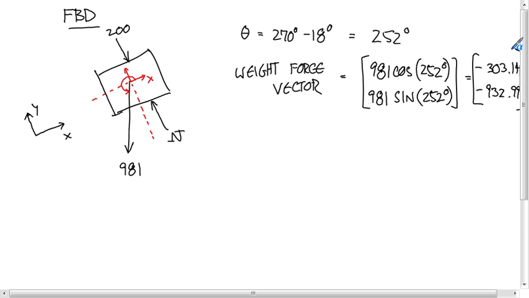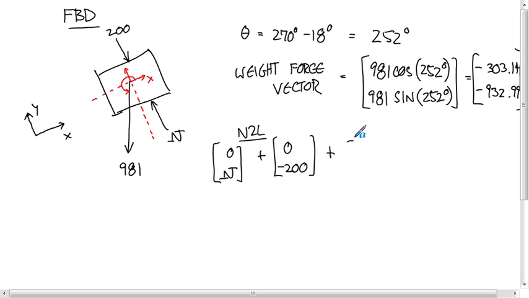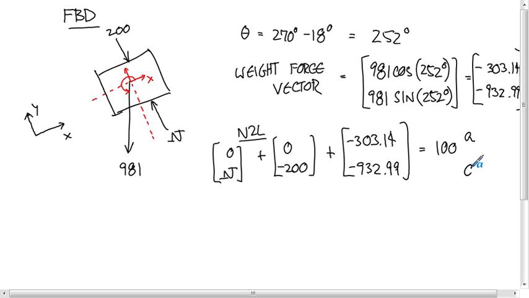And so then in this case, Newton's second law would be, we'd have 0 N plus 0, negative 200, plus negative 303.14, negative 932.99. And that's equal to the mass, 100, times the acceleration vector, which is always going to be a, 0.